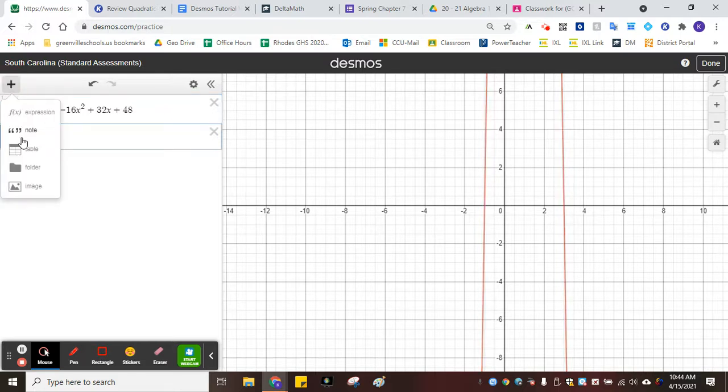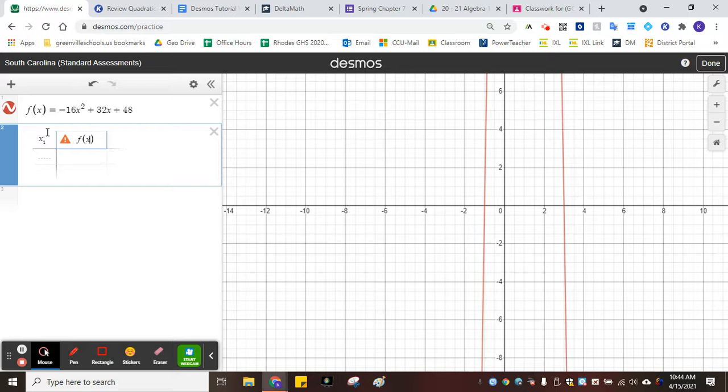And then remember, we can create a table. And instead of letting this be y, we're going to now say this is f of x. And whatever number I want it to be, x is 2, it's 48. Or you can just, after you label it f of x, say f of 2 is 48.